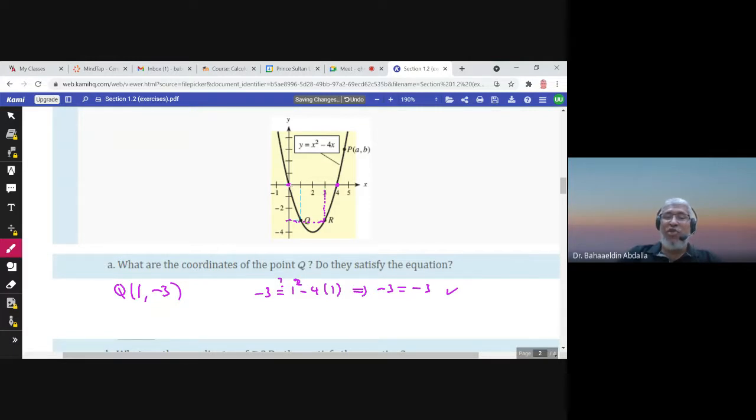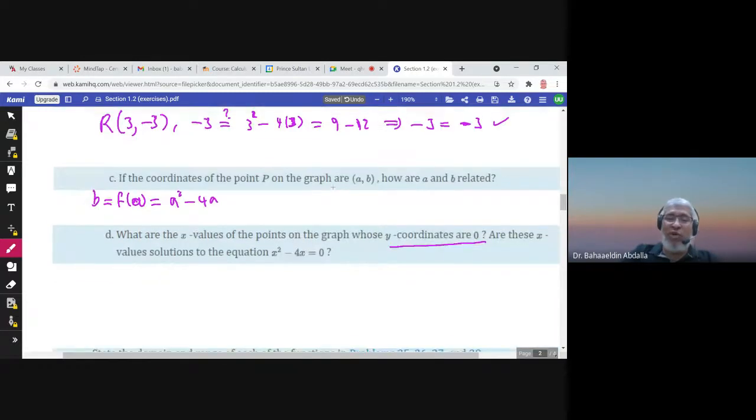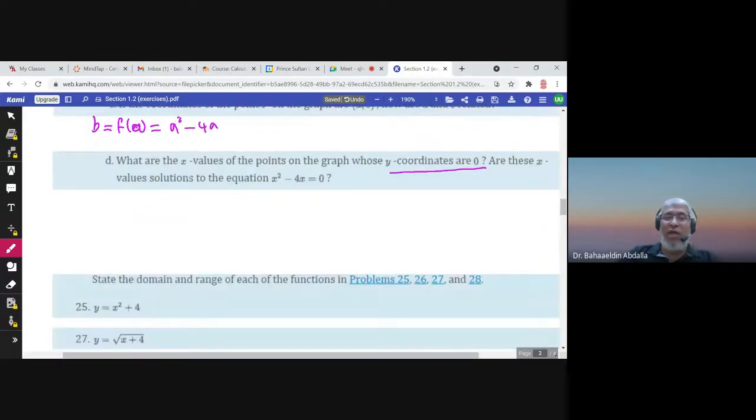So what is the x coordinate here? It is 0. And what is the x coordinate here? It is 4. So the answer: what are the x values? 0 and 4. These are the x values of the points with y coordinates 0.